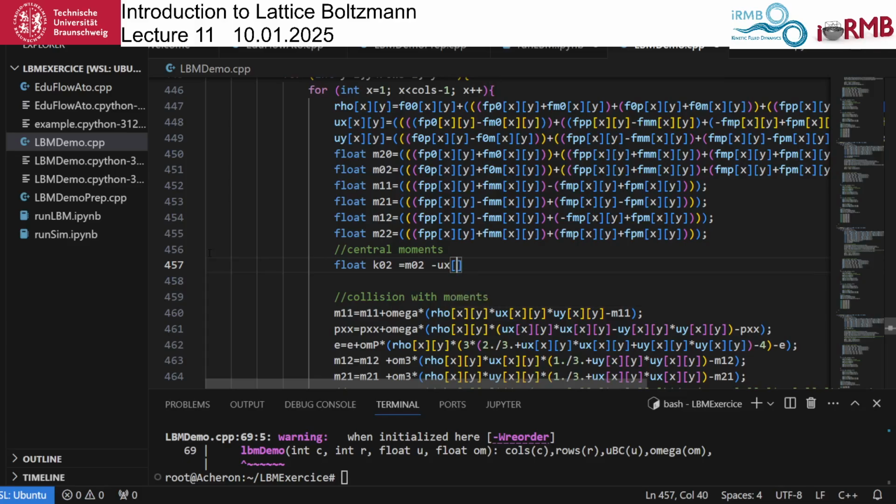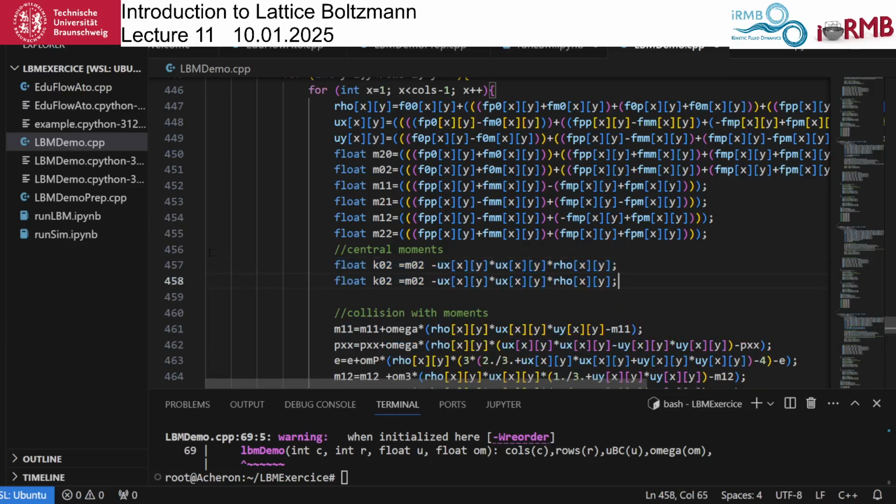UX, so we have X, Y, and this in square, and this times rho. Do I do this correctly? And the other one is, oh, it is Y, it is Y.